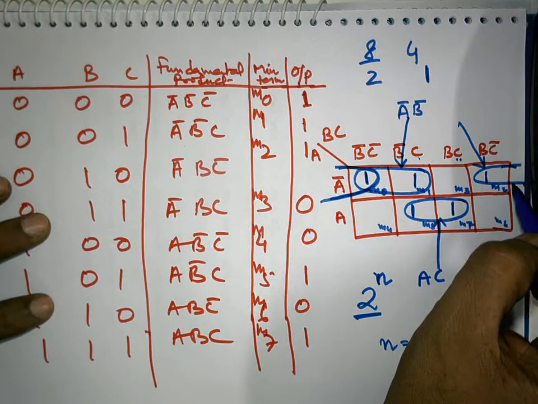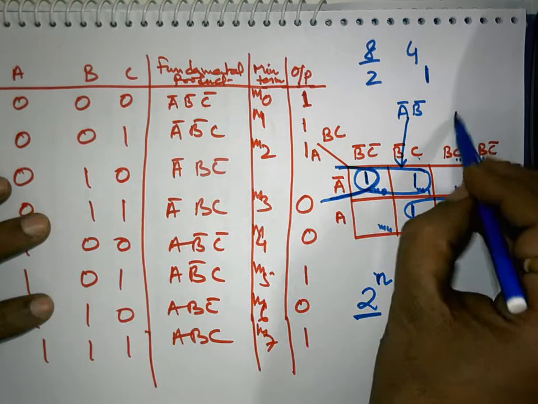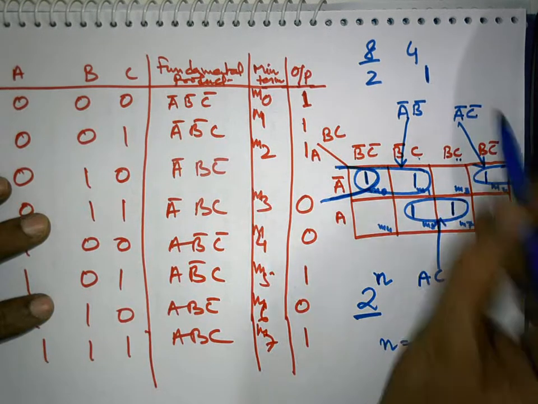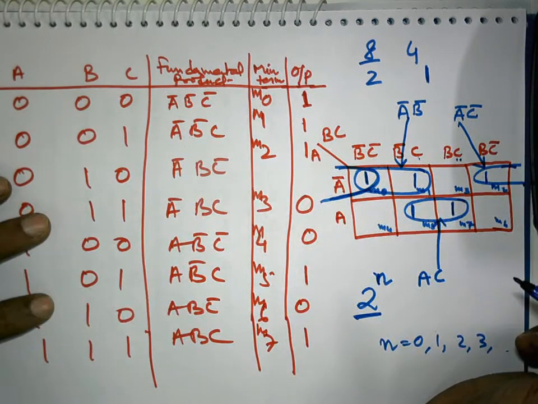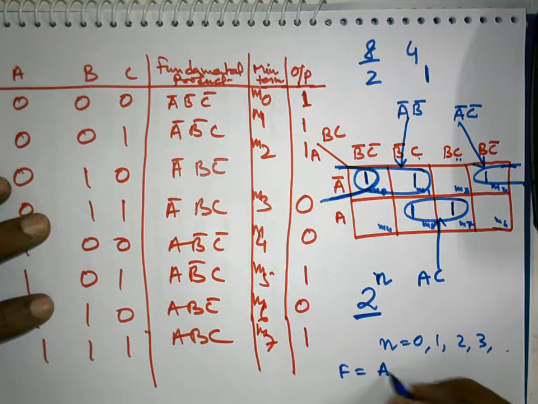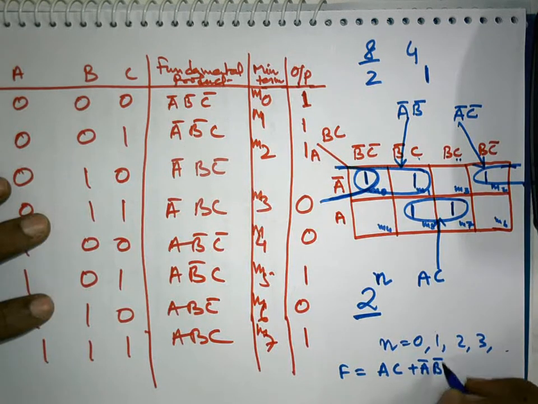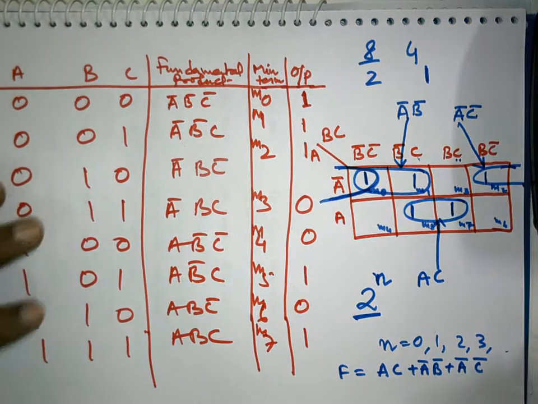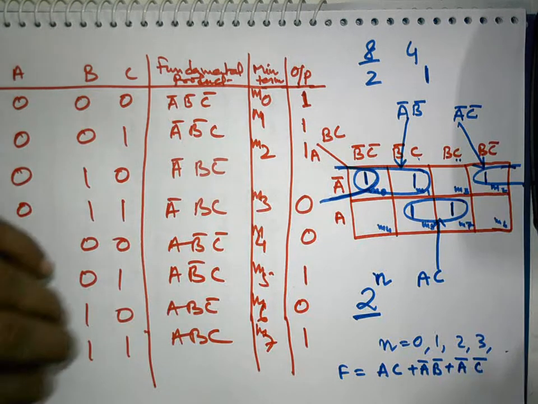A bar remains unchanged and C bar, A bar C bar. Okay. So F is equal to AC plus A bar B bar plus A bar C bar. So this way you can make reduction in your K map.